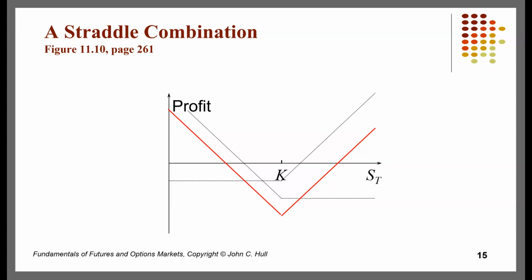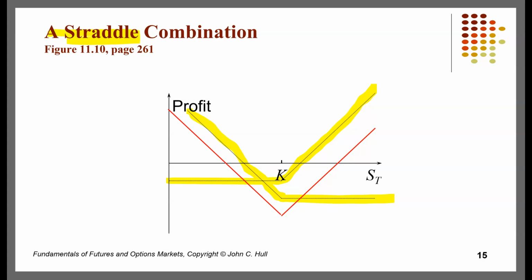In this case, we're going to have a long call. By now you're familiar with all these profiles, so that's going to be a long call, and we're going to have a long put. So long call, long put essentially is what creates a straddle.